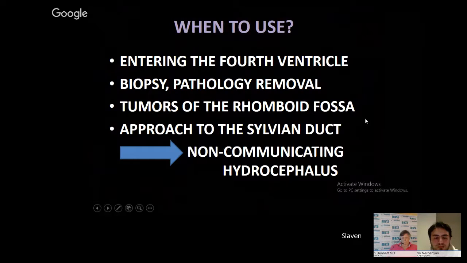Regarding the tumors, I already said that today this approach is mostly used for tumors localized in the fourth ventricle. But if the tumor is in the vermis, you can as well use the transvermal approach, which is splitting the vermis.